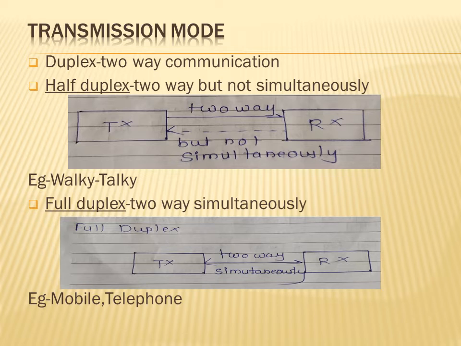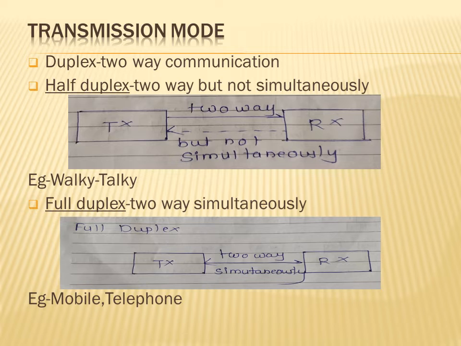Next one is full duplex. Full duplex is two-way communication where data transfer takes place simultaneously. The figure of full duplex is shown.